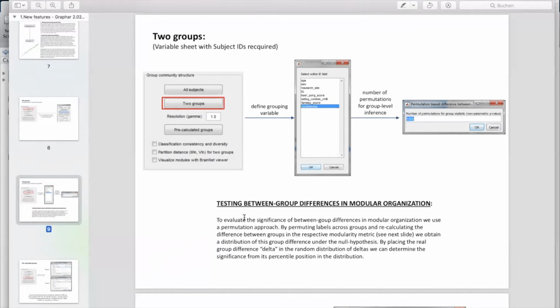And basically by determining this delta in this random distribution of other deltas from the randomized groups, you can determine the significance based on the percentile position in this respective distribution.